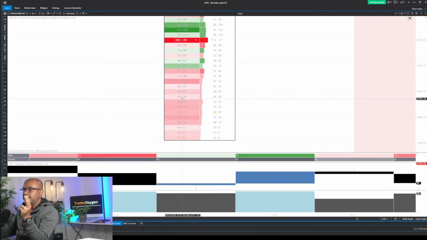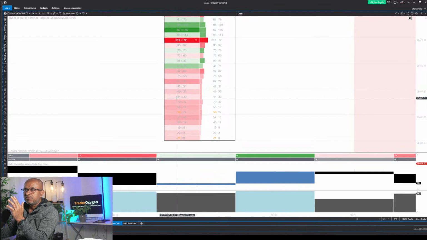Look at the left hand side numbers, right? Aggressive selling happened, aggressive selling happened, because these left hand values are higher than the right hand value. So this is aggressive selling, left hand side. Right hand side is aggressive buying. You can see aggressive sellers push the price down.